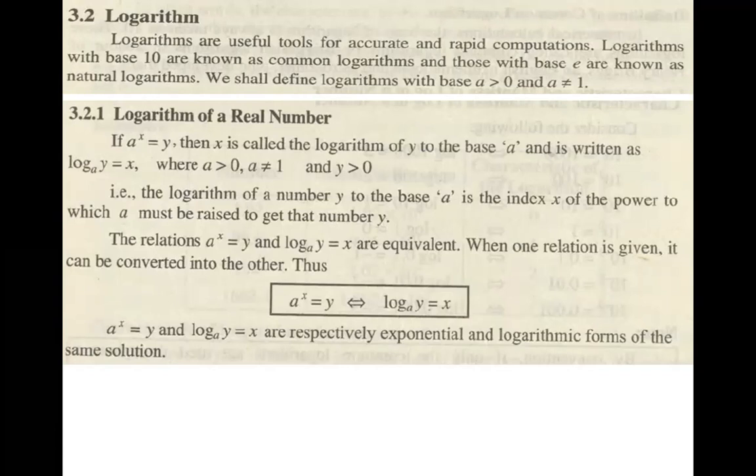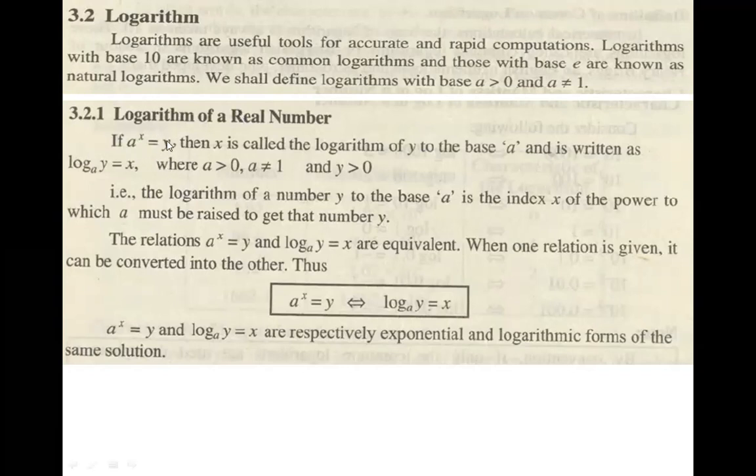Now look, the logarithm of a real number. If a raised to power x is equals to y, so this is the exponential form of anything, just like 3 raised to power 2 is equals to 9, then x is called the logarithm of y. Look here, a raised to power x is equals to y. This is basically the exponential form of y.